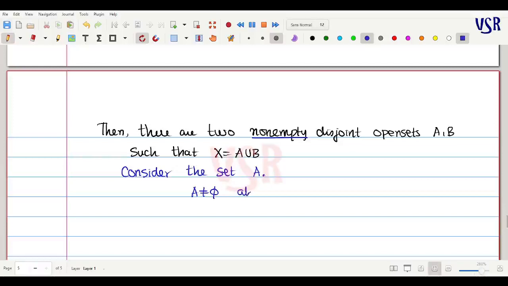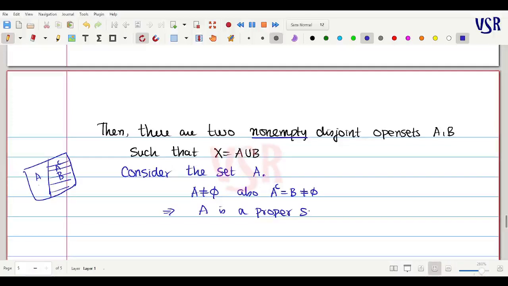Also A complement, which is equal to B, is also non-empty. X is equal to A union B. The whole set is A union B. I have split it into two: this is A, this is B, and both are non-empty. So if this is A, this region is A complement, which is non-empty. This implies that A is a proper subset of X. That means A is neither empty nor the whole set.